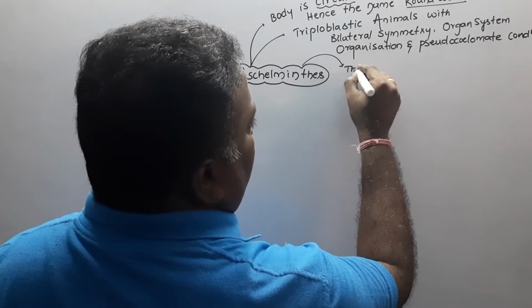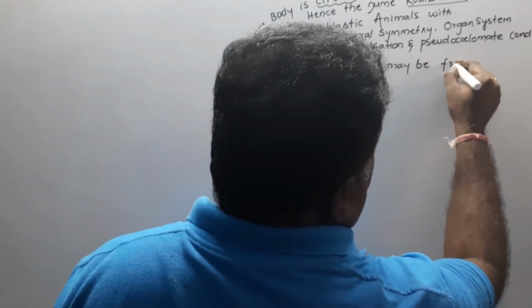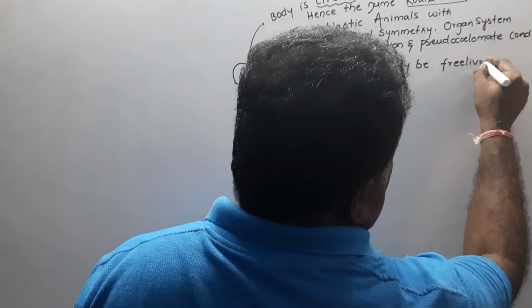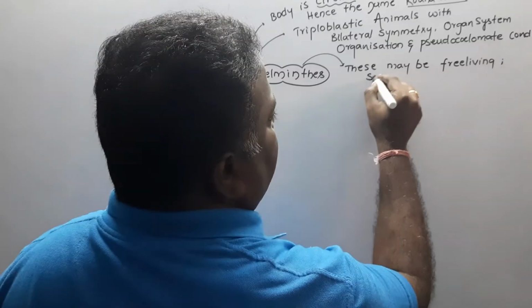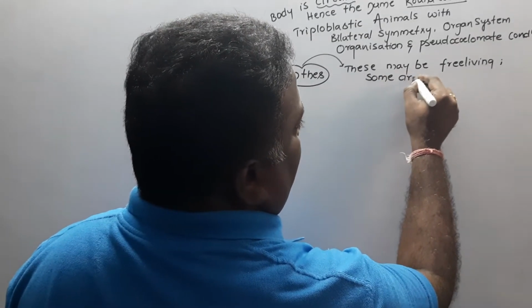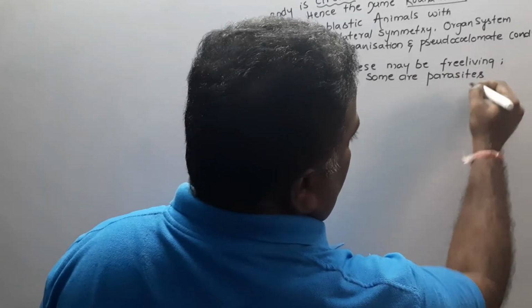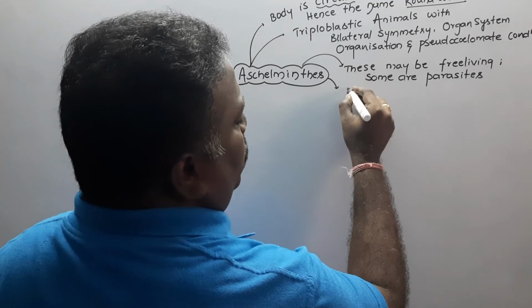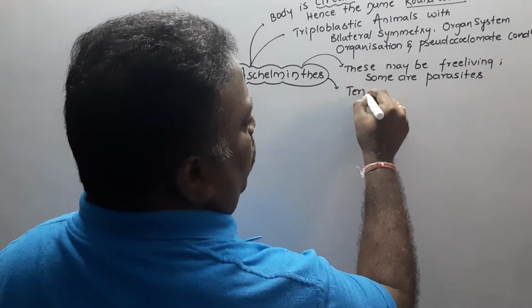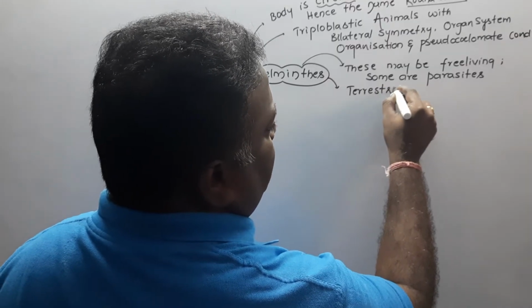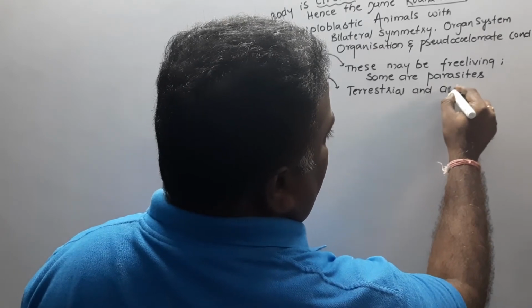Some are free living, and some are parasitic. And a few are terrestrial. What is the meaning of terrestrial? They are present on land.